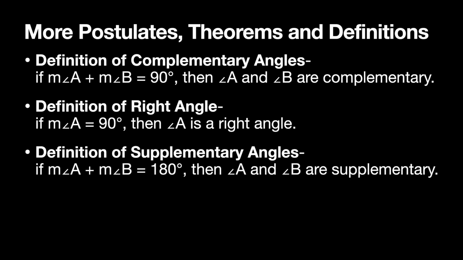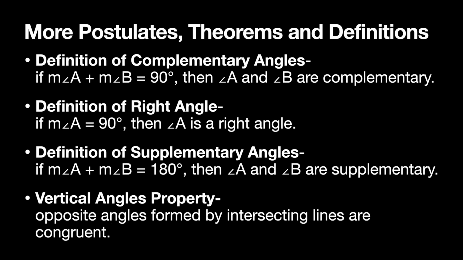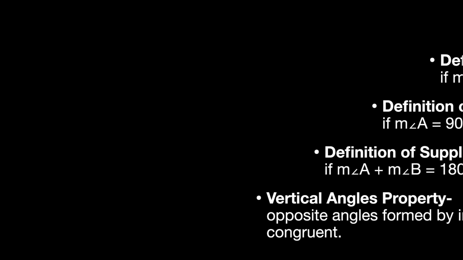If the measure of angle A plus the measure of angle B equals 180 degrees, then angle A and angle B are supplementary. And finally, the vertical angles property. Opposite angles formed by intersecting lines are congruent. These are just some of the postulates and theorems and properties that we're going to be using, but I just wanted to go over those right now.